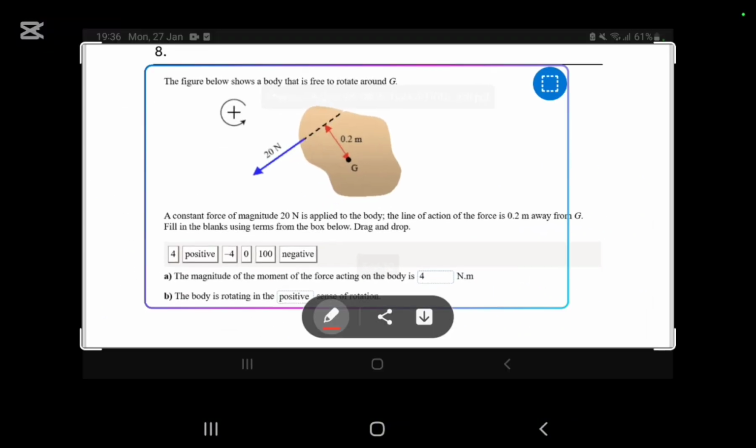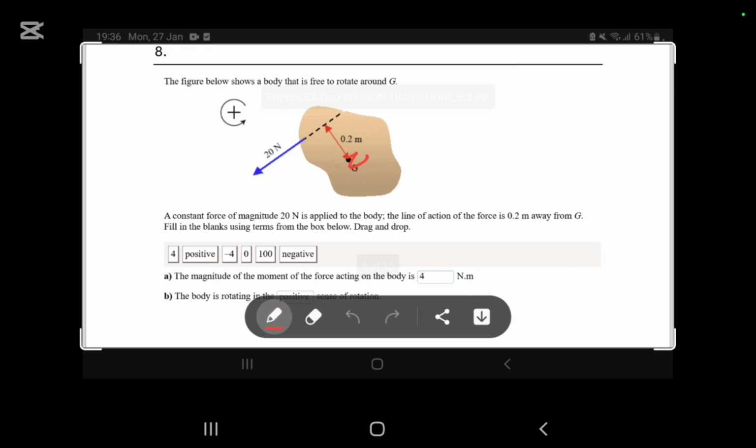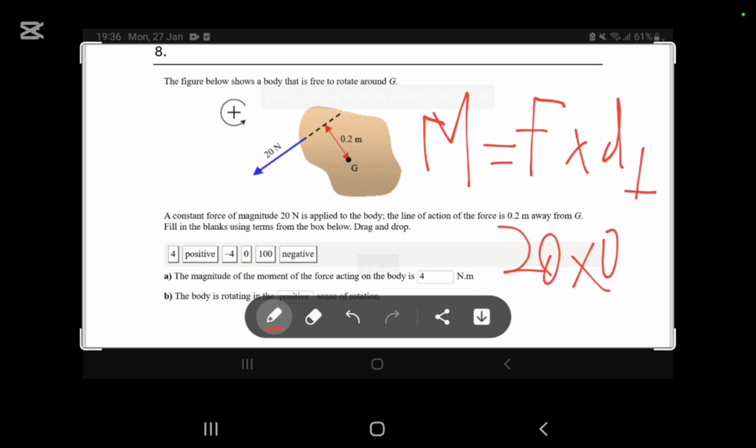For this question, we have the pivot, 0.2 meters and 20 newtons. As we said before, moment is equal to force times perpendicular distance. So 20 times 0.2. Now to know if it's positive or negative, we can use a pencil, a pen, anything.